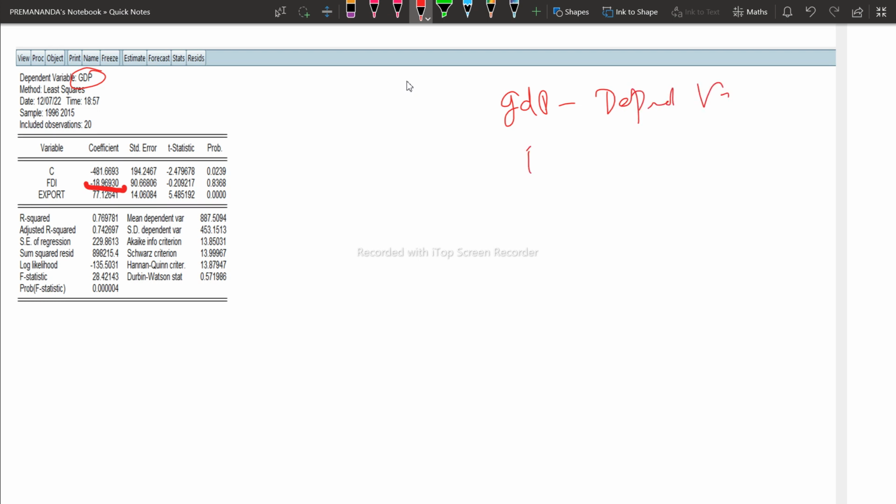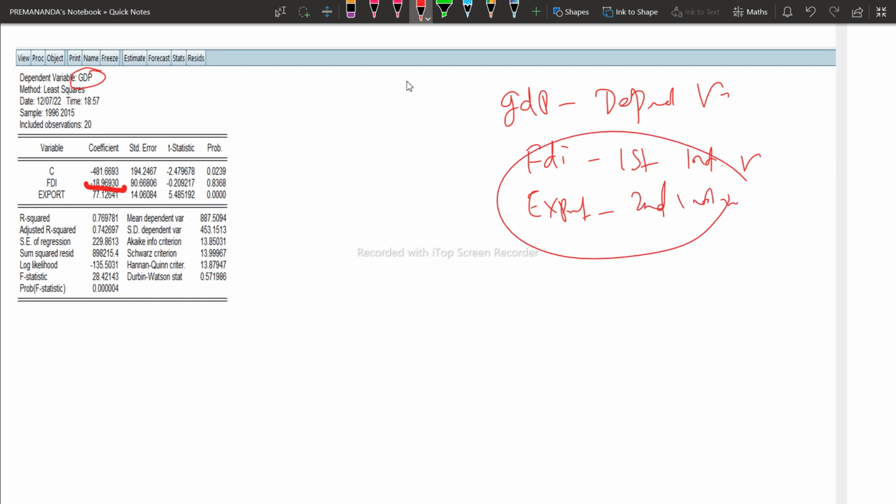Then FDI is my first independent variable. Then I have export. Then export is my second independent variable. Okay, so in this particular problem I'm going to discuss how GDP has been affected by the help of two independent variables, that is my FDI and export.